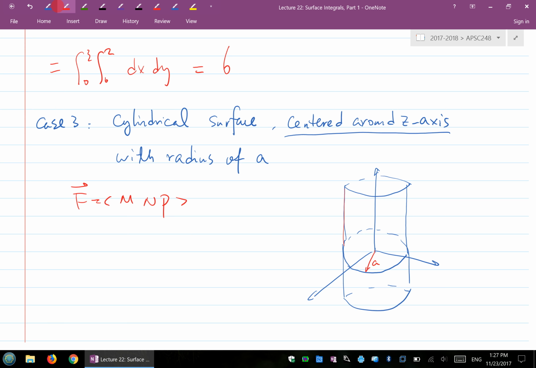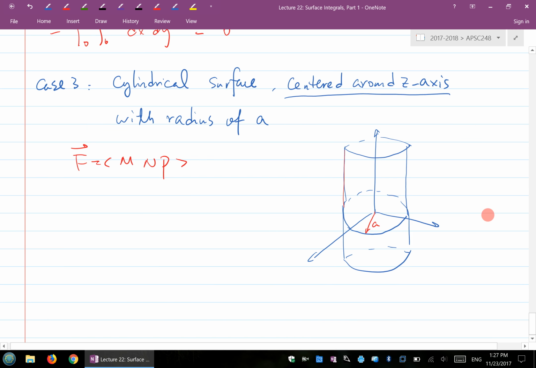Okay, so what do we have? We have the formula here. We just need to figure out what the n hat is and what the dA is.